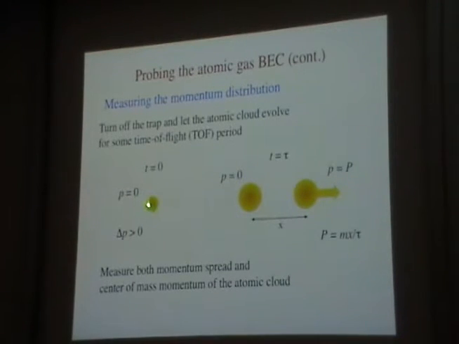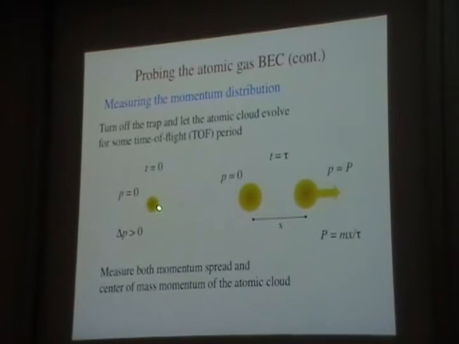So if you release the cloud from your trap, it's going to start expanding due to this momentum spread. If you take a picture sometime later, you find that it's bigger, and by knowing the time between when you released the atoms and when you took the picture, you can find out what the momentum spread of the cloud is.